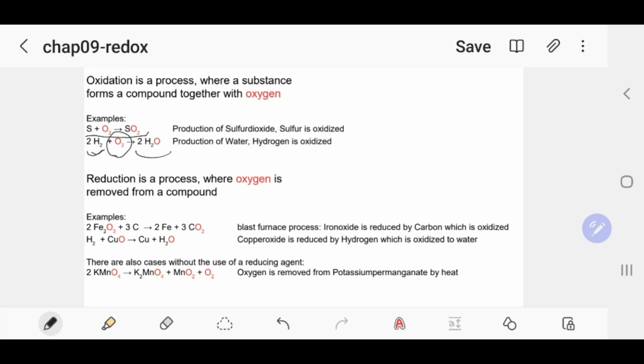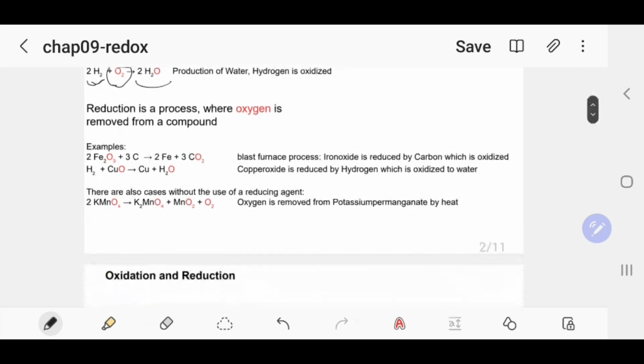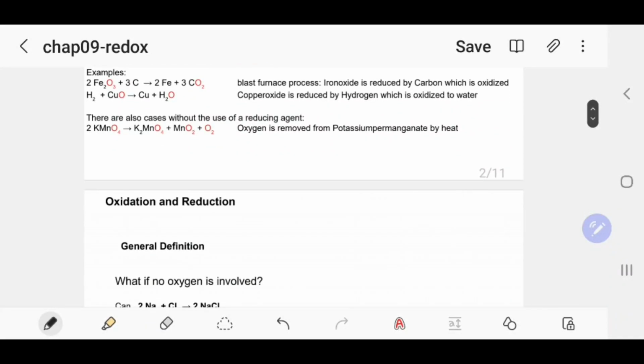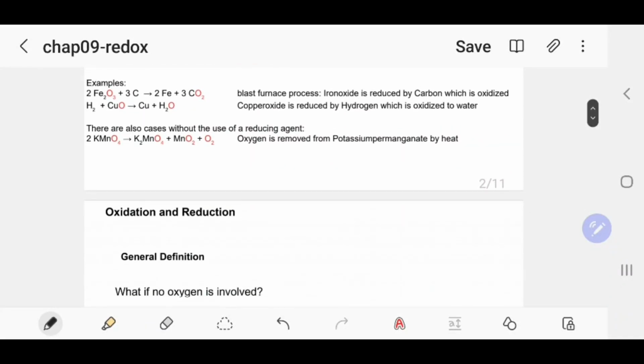The reduction is the opposite. It's when a compound contains an oxygen and the bond is broken, and the oxygen, for example, is exchanged with another element. For example, in this reaction, we have iron oxide, which had already been oxidized.